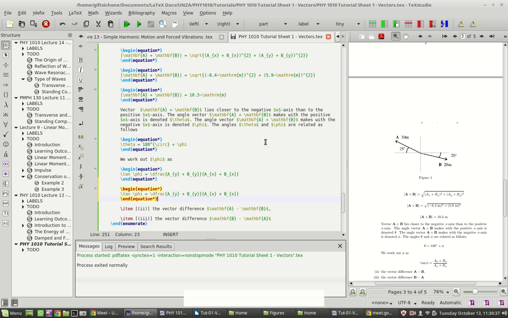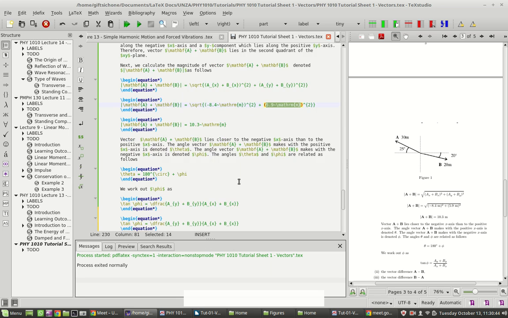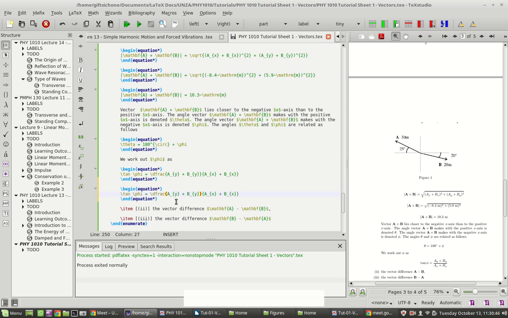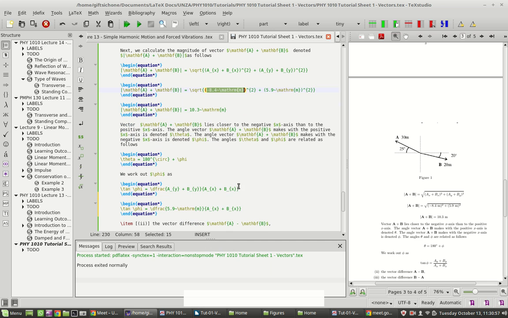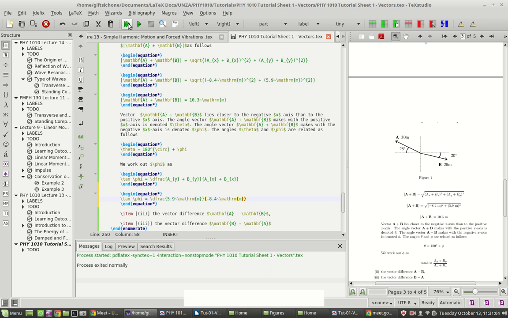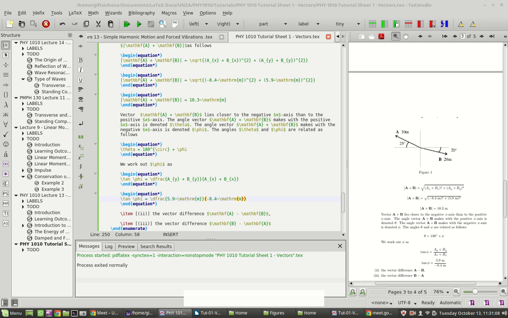So AY plus BY is that. Then the other bit is the X component, like that. How much is that?